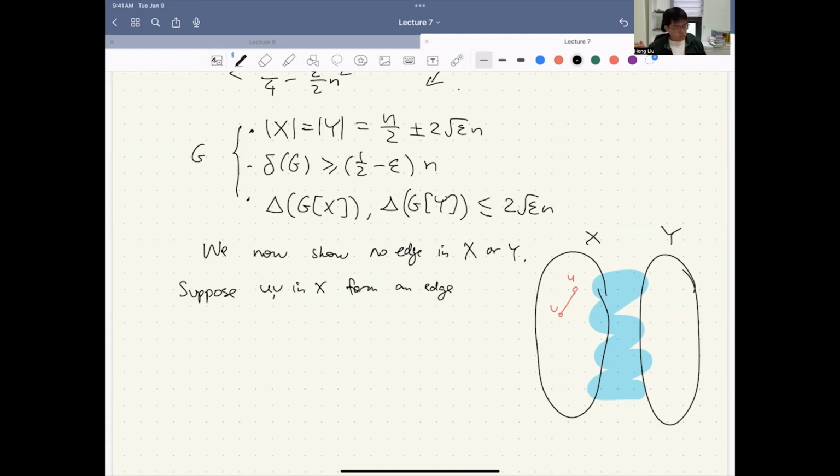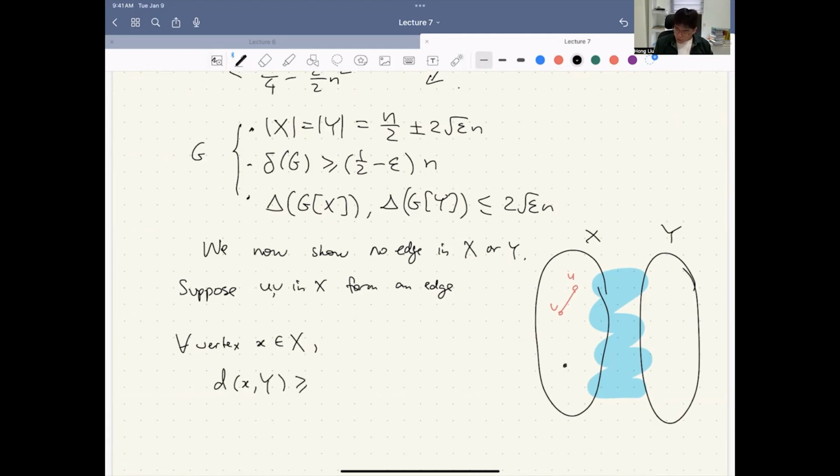Well, first of all, let's estimate, for any vertex little x in X, its degree to Y. Its degree to Y is what?